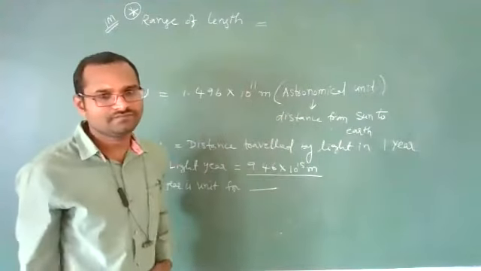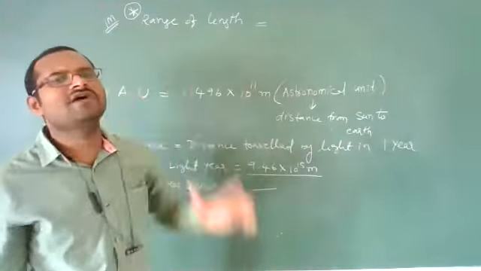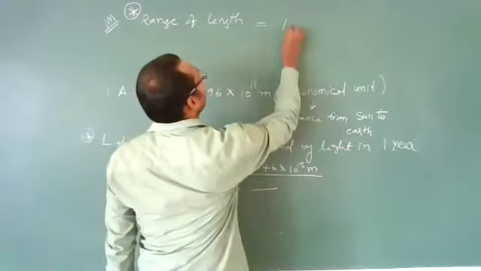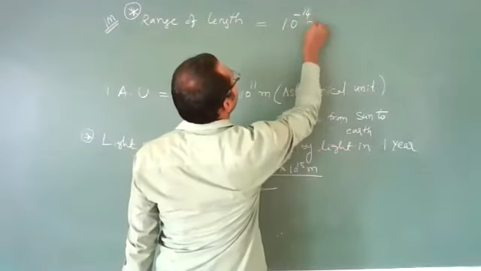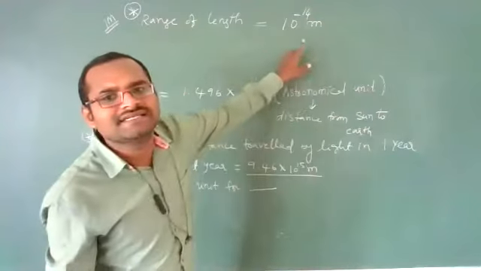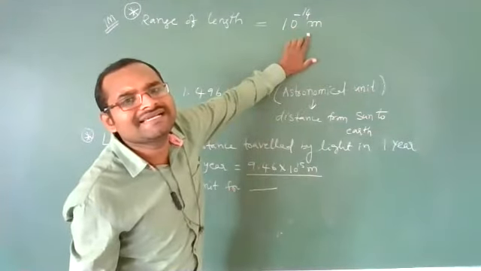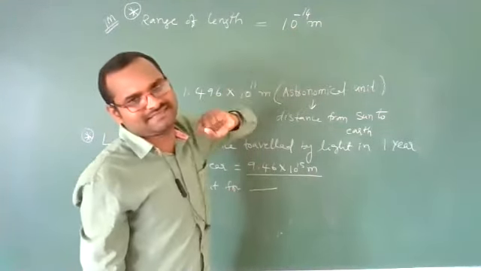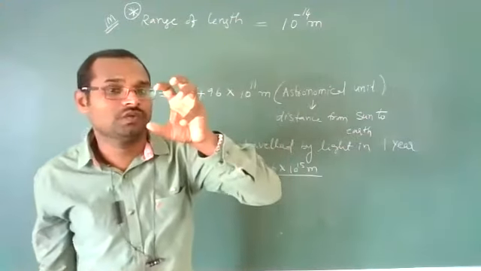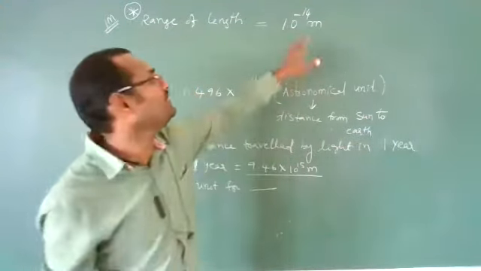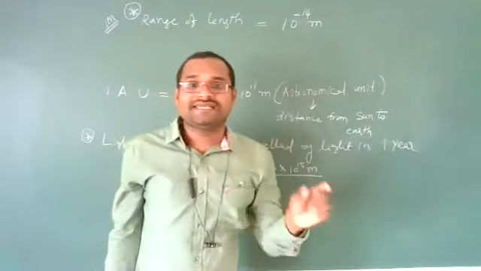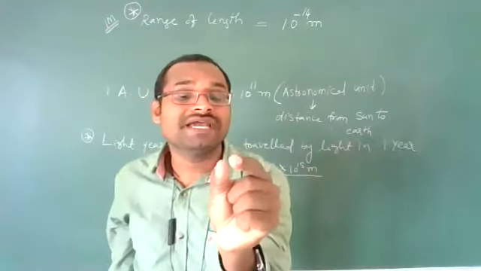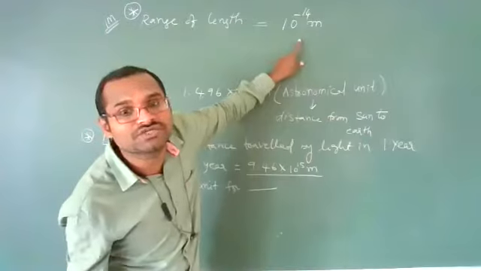The smallest value of length is 10 to the power of minus 14 meters, and it is equal to the radius of the nucleus. Nucleus will be there, no? Nucleus radius means any length you want to measure, you can measure down to this smallest value.